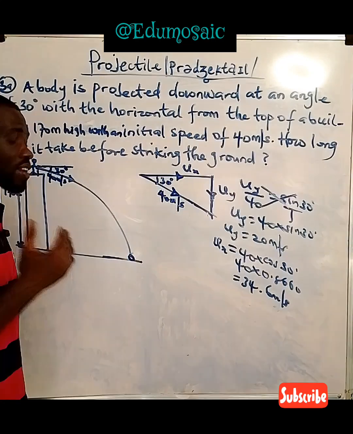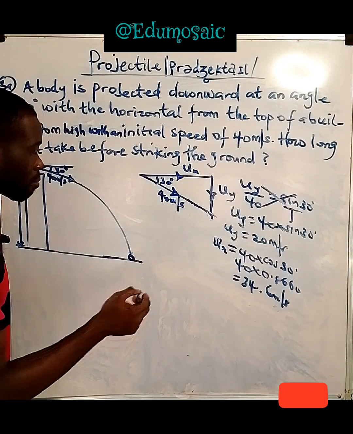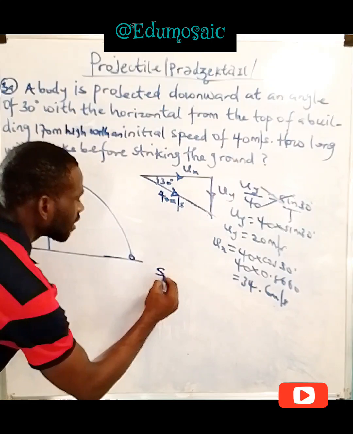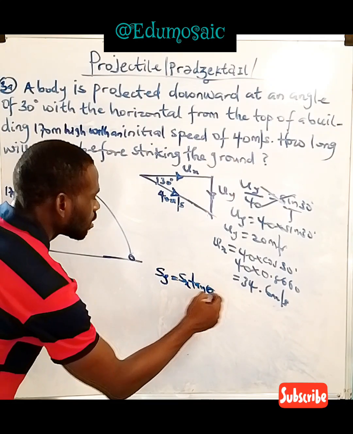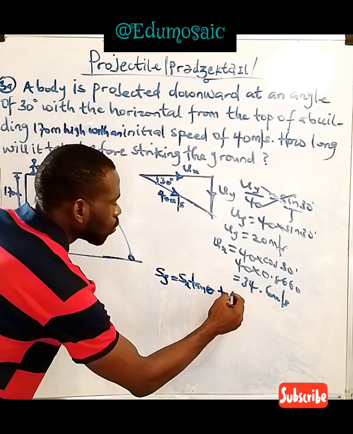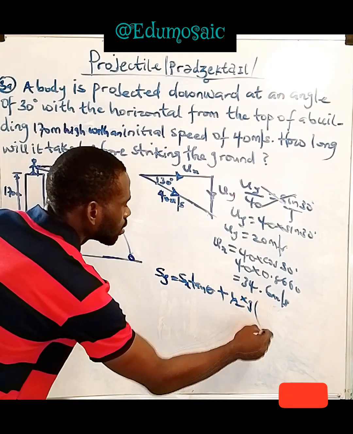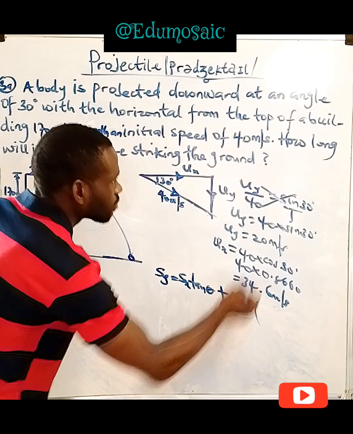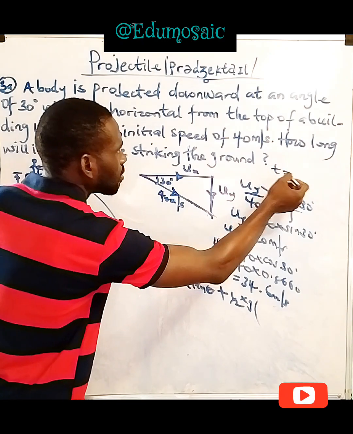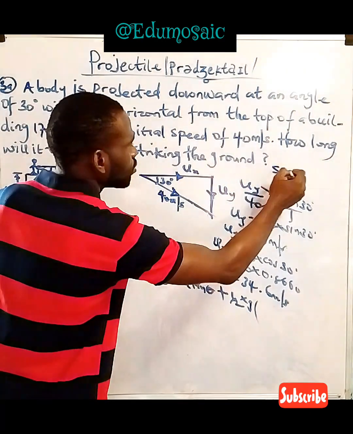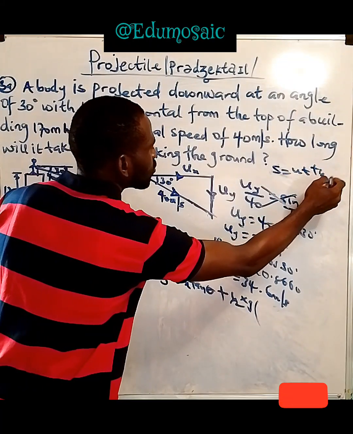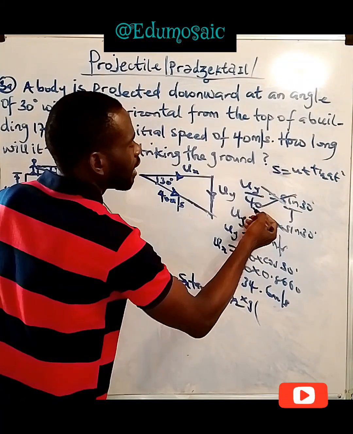We know what we're doing. To get the time, don't forget that the formula for trajectory is simply this: the distance along y is the distance along x times tan theta, then plus one over two times gravity times t squared. We have s equal to ut plus half at squared, the distance along the y-axis.